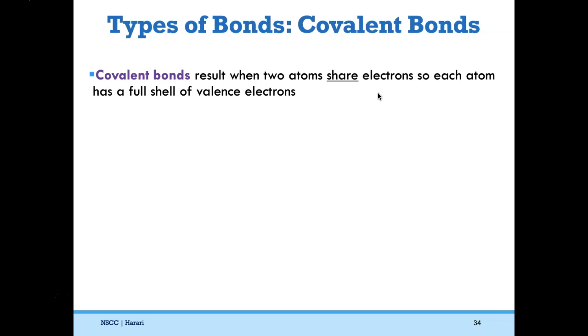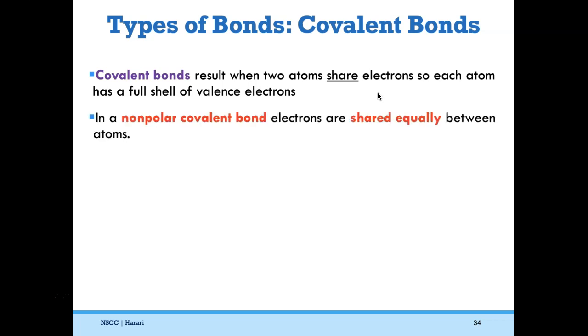Again, bonds are just trying to get atoms more stable. That's why bonds are being formed. Atoms want to reach a better level of stability. So instead of transferring an electron, like in an ionic bond, covalent bonds result when two atoms share electrons.